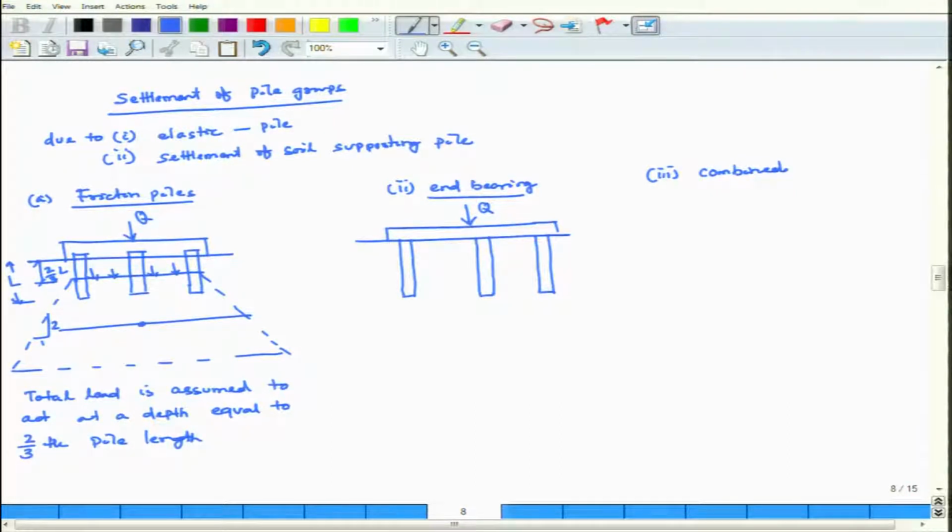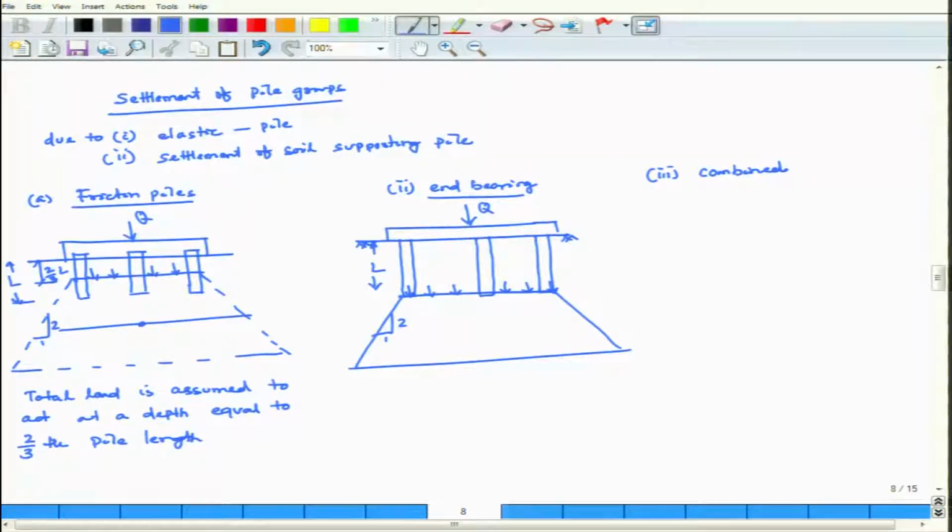In this end bearing pile, this is the ground surface. Now, what is the assumption in end bearing pile? End bearing pile, generally what happens? If this is my embedded length, the total load is assumed to act below the embedded length of the pile. Then from there you have to assume 2:1 distribution, then load intensity will be applied here.